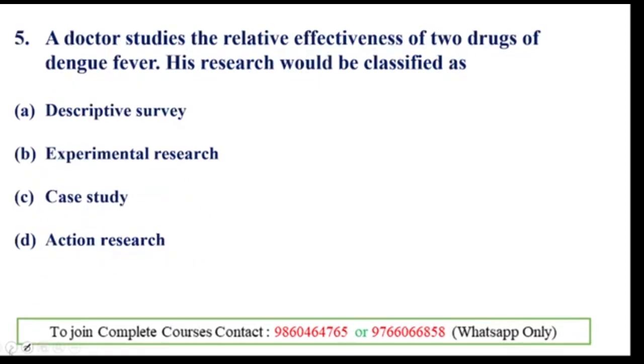And fifth question: a doctor studies the relative effectiveness of two drugs for dengue fever. His research would be classified as. It's scientific research because the doctor wants the relative effectiveness of two drugs. He will prepare drugs A and B, and according to the relative importance, decide which is the good drug for curing dengue fever.